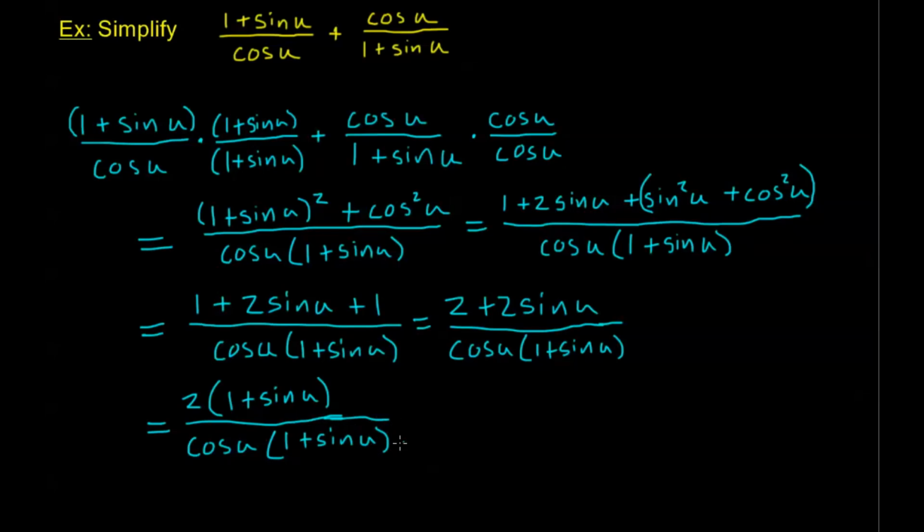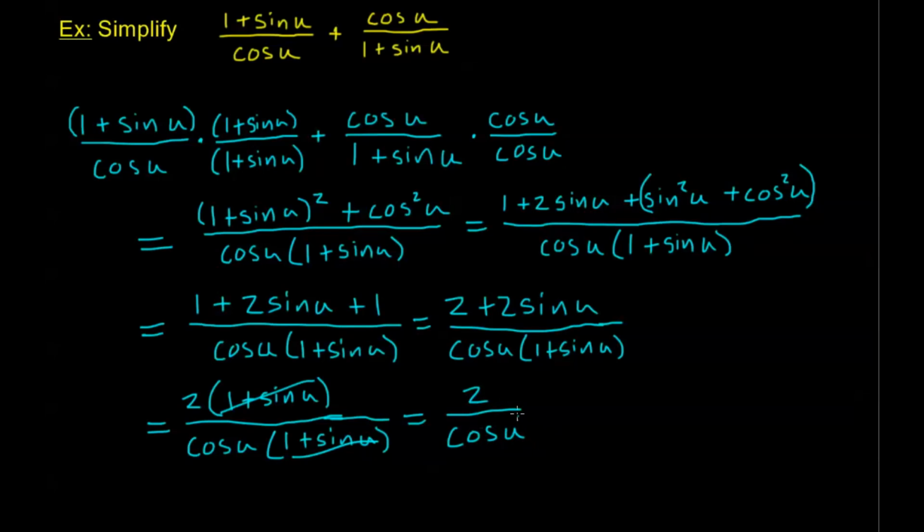And there we see now we're in a really great place because I have 1 plus sine of u on the top, 1 plus sine of u on the bottom in these products. So I can go ahead and cancel this entire 1 plus sine of u on the top and bottom. And I get 2 over cosine of u.